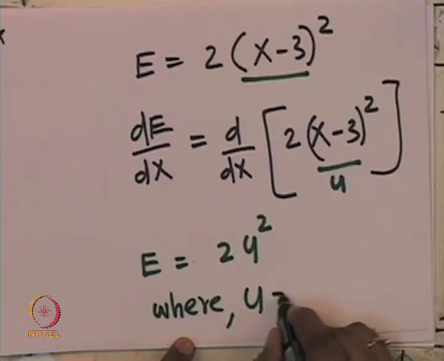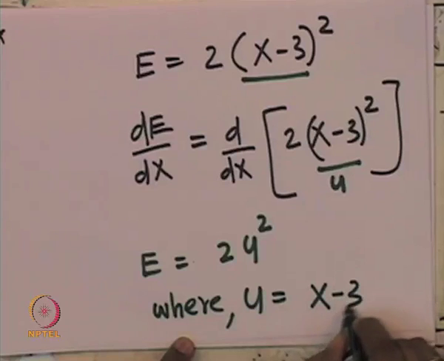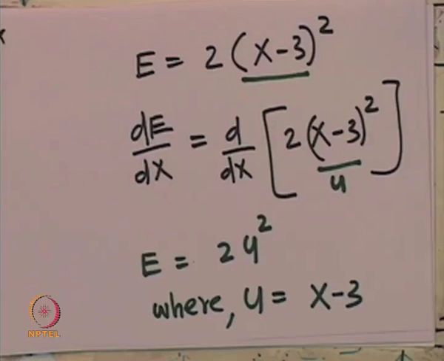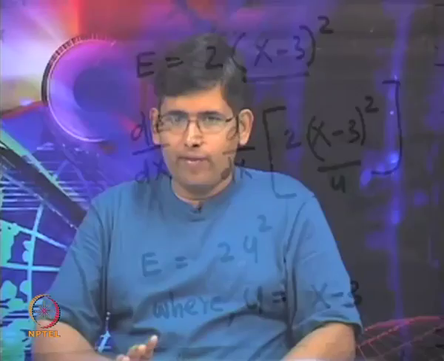Now, what we want to find out is the derivative of u square. So, in any case, if you have such a thing where u is a function of x, u is x minus 3, and you want to find out the derivative.